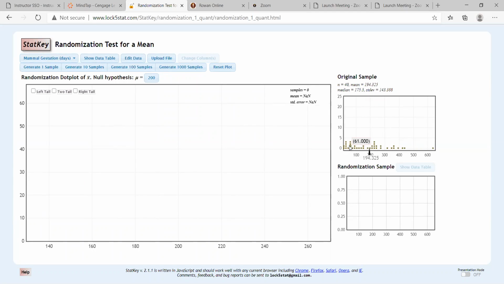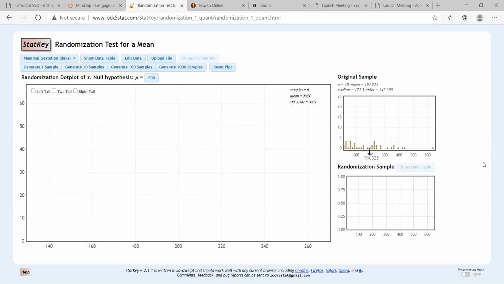So ours is obviously out here, and here's a mammal that has a gestation period of 645 days. And then there are some that have much lower gestation periods, like a 21-day gestation period. Anyway, there are 40 of these mammals, and the average gestation period for the 40 mammals is 194.325 days.